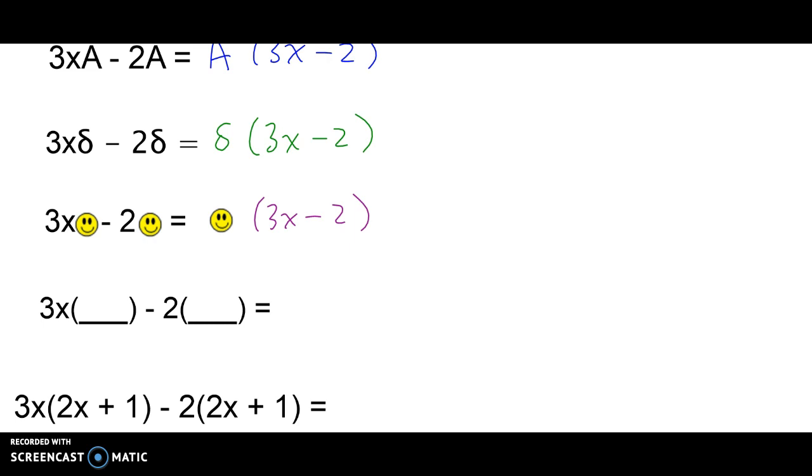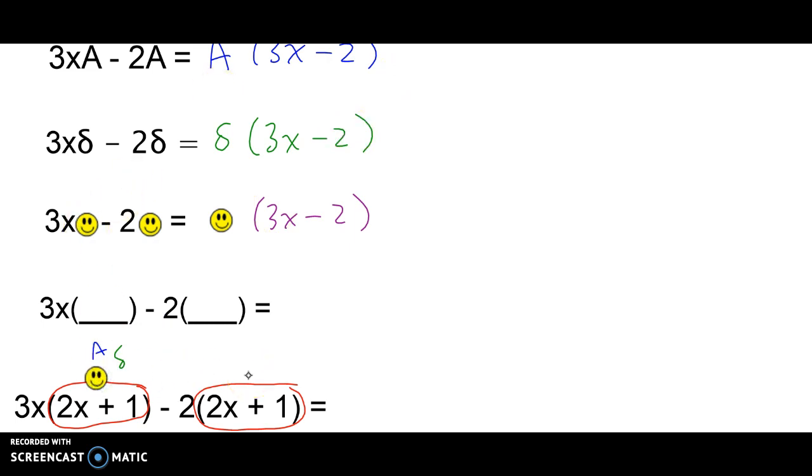Those are all the same things as each other. This one down here is also all the same thing as those previous ones. This is just like the capital A. This is just like the delta. This is just like the smiley face.